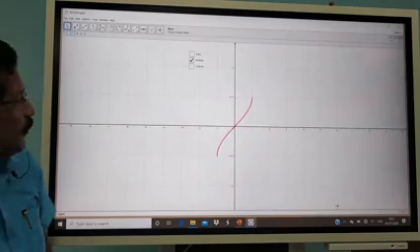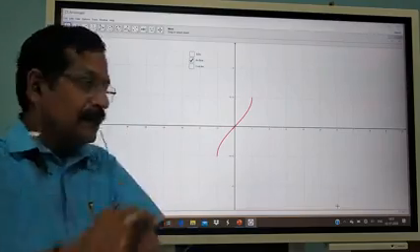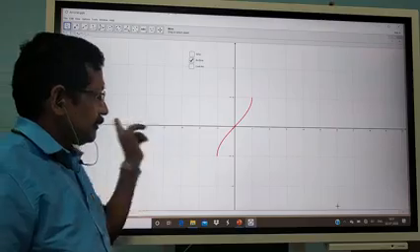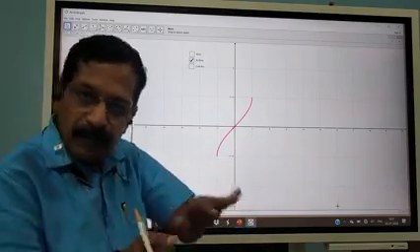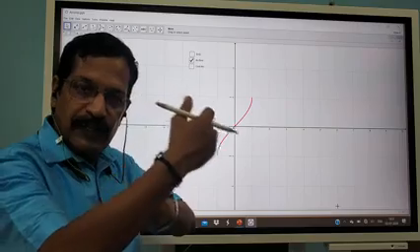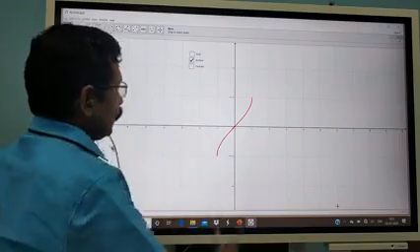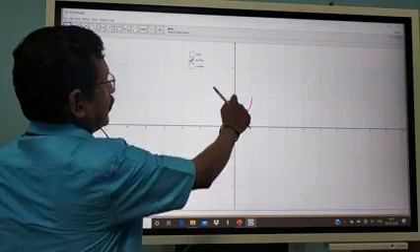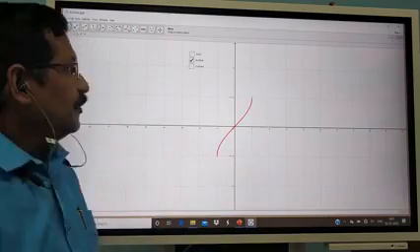You can see that in the case of sine, the x-axis is marked with pi by 2, minus pi by 2, etc. But in sine inverse, these will be on the y-axis. So the x-axis becomes the y-axis and the y-axis becomes the x-axis in the case of sine inverse. So here it becomes minus pi by 2 and here pi by 2. This is the graph of sine inverse.